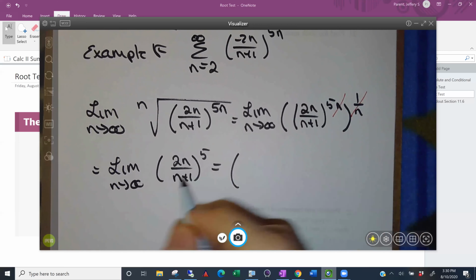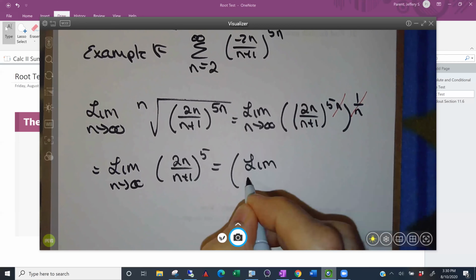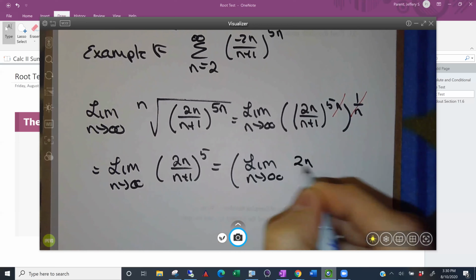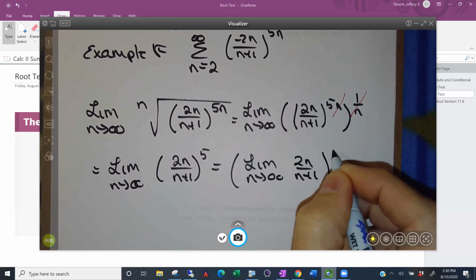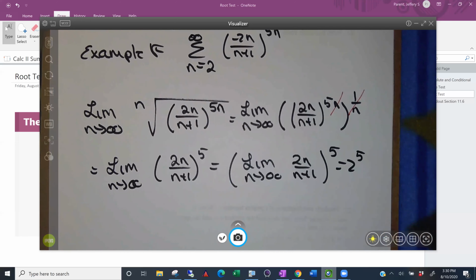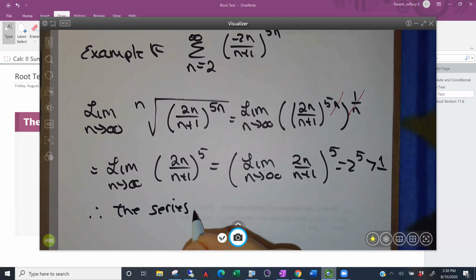Yeah, so what I was going to say is you can take a look at the limit as n approaches infinity of 2n over n plus 1 and raise that to the 5th power, so you're going to get 2 to the 5th. And the unfortunate thing, if you're cheering for convergence, is that's greater than 1. What's that tell us? What's going to happen with the series? It's divergent. Yeah, it's going to diverge.